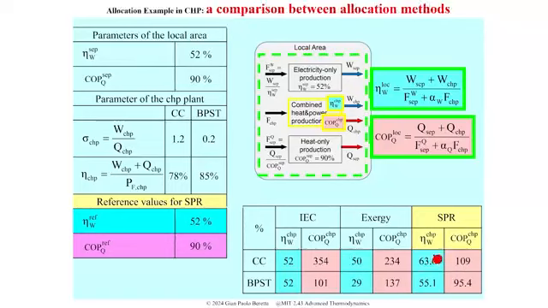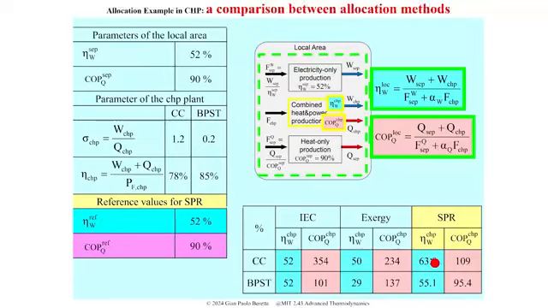What's reasonable is that there is an increment in the separate production, in the partial efficiency for work, and also the same increment for heat. So if going from 52 to 63 is an increment of maybe 20%, well, also going from 90 to 109 is 20%.